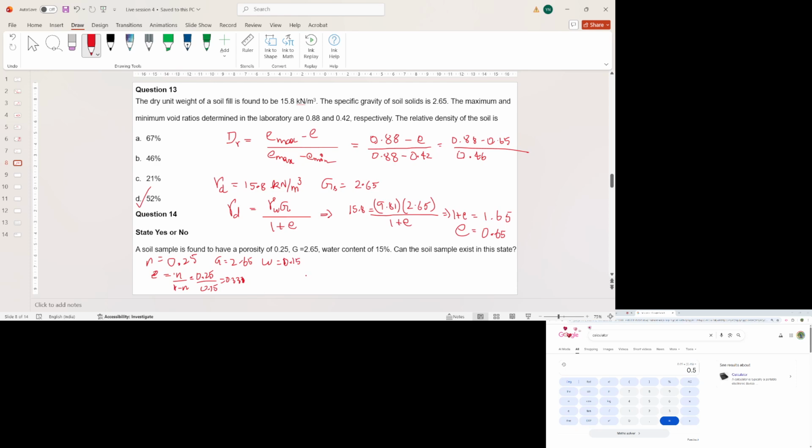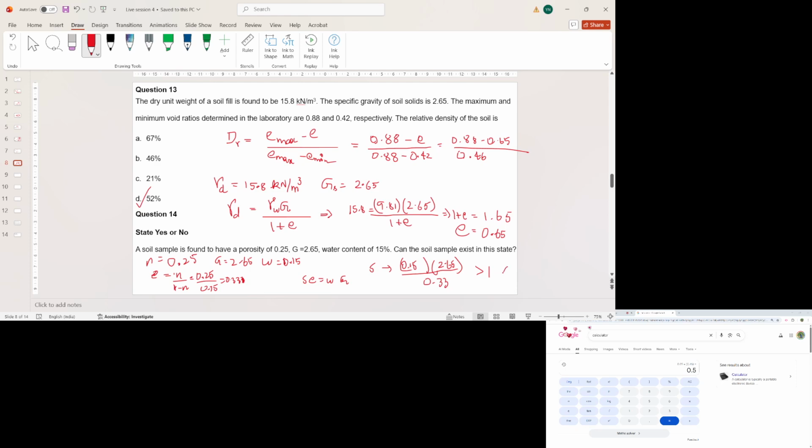So the fundamental equation is S e is equal to w G. Now let us calculate saturation first. Saturation is 0.15 into 2.65 divided by 0.33. It's always going to be greater than 1, which is not at all possible.